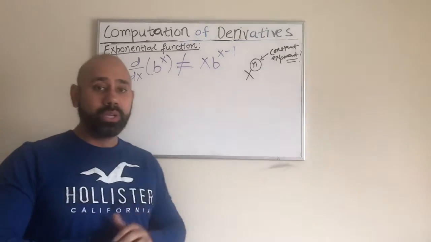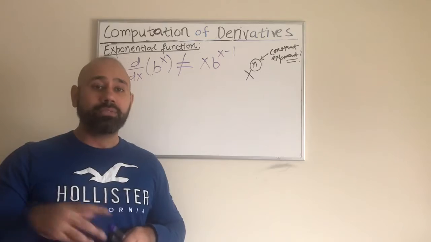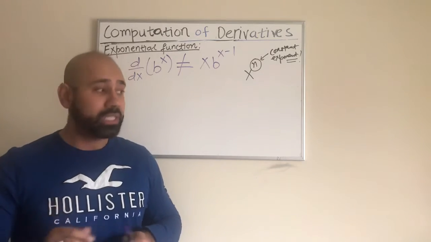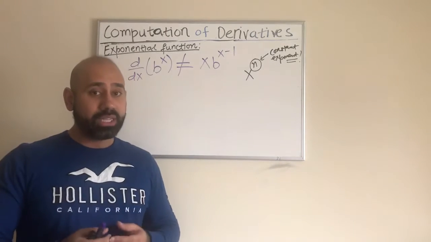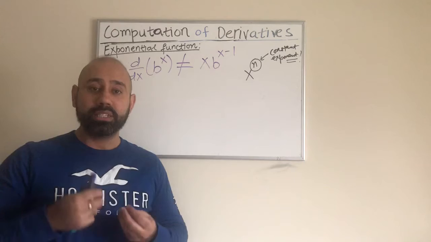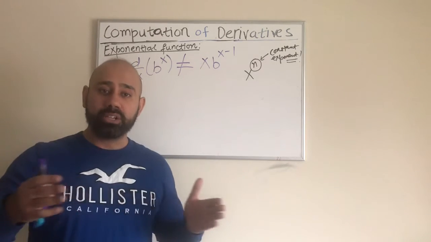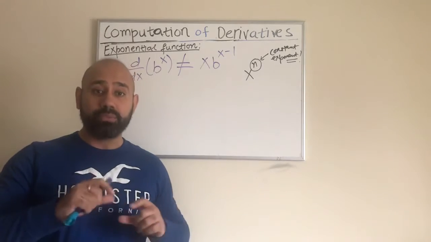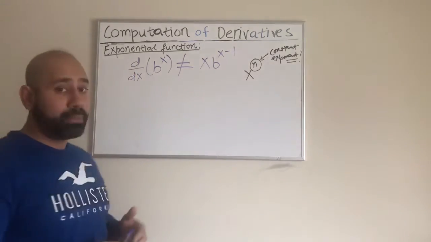Now what we have to do here is find out if there are any other ways of writing or finding the derivative of exponential functions. Of course, one can go back and use the limit definition to see that, or there's a simpler way to find the derivative of exponential functions. I'm going to show you the general way of finding the formula for the derivative of an exponential function of the form b to the power x.